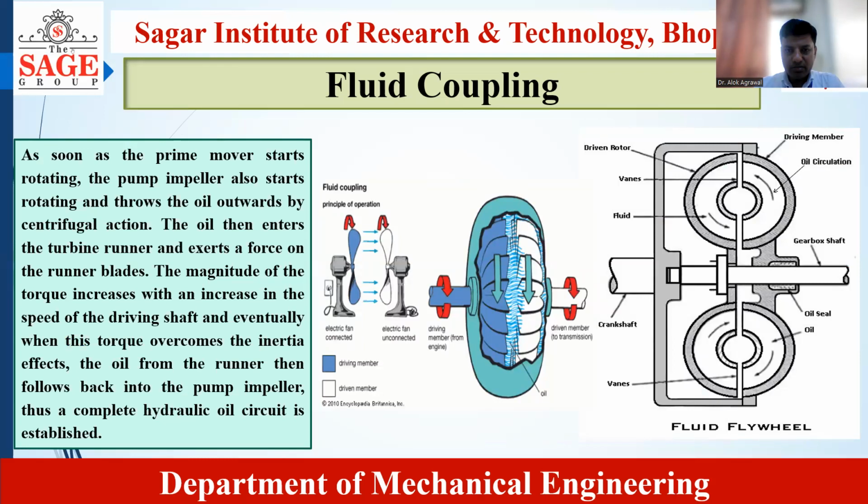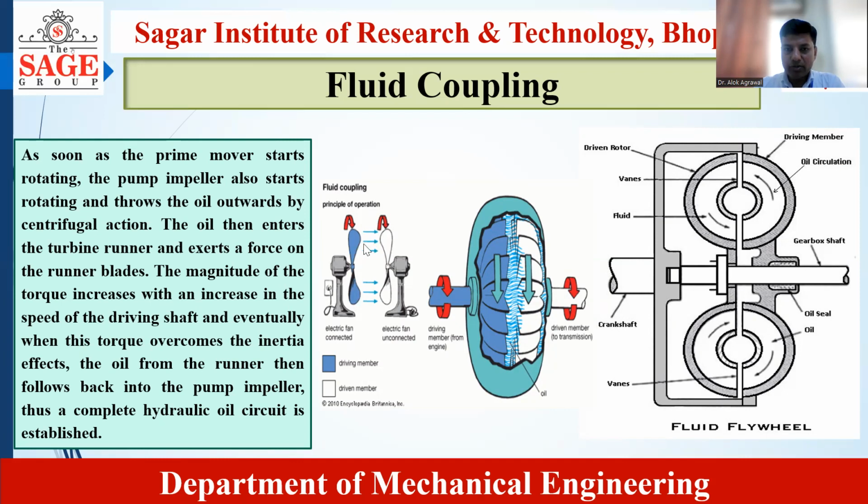Here it can be seen how it works. It can be explained with the help of two fans. The fan in blue color is supplied with power, so it starts rotating. Once it starts rotating, the air in between them gets energized and the air flows from left to right.